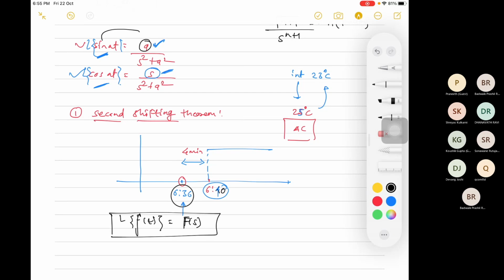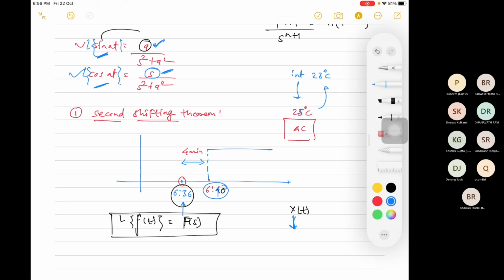Suppose I said you have capital X of t as a deviation variable. What is the Laplace transform of capital X of t? Anyone? Any guess? Okay, I'll clarify.